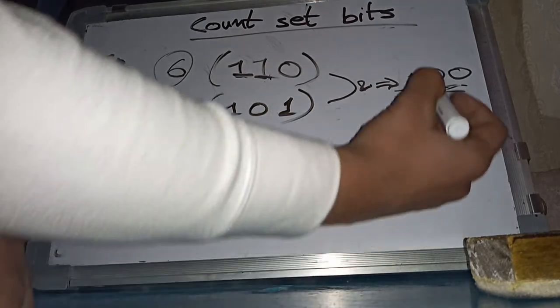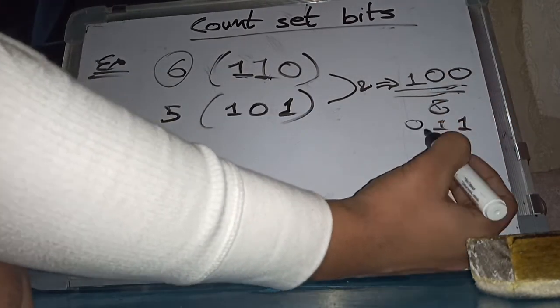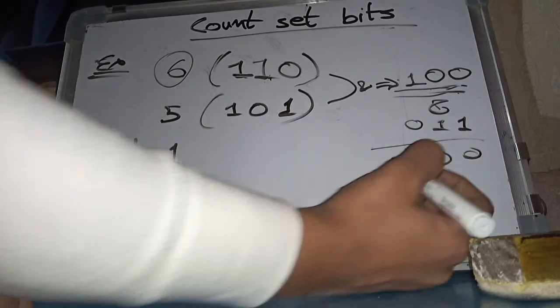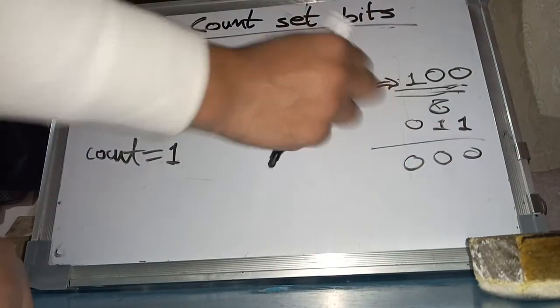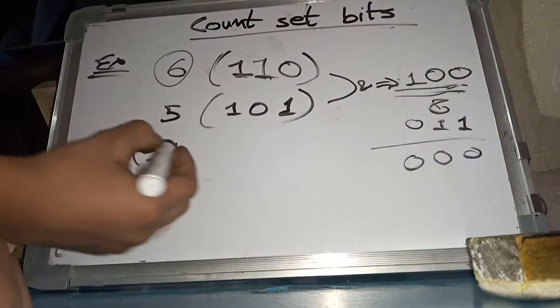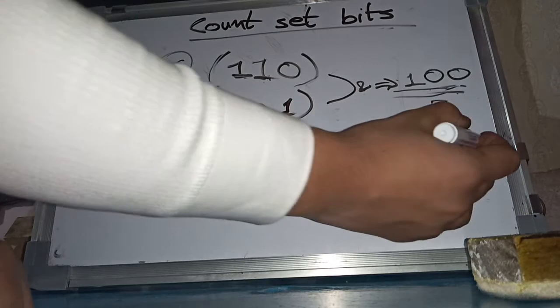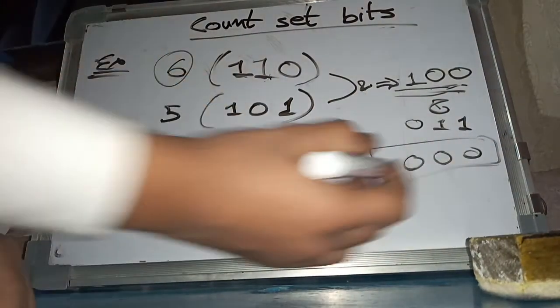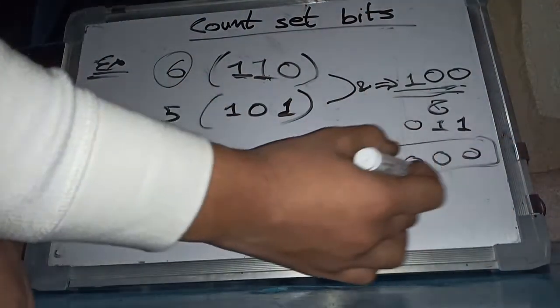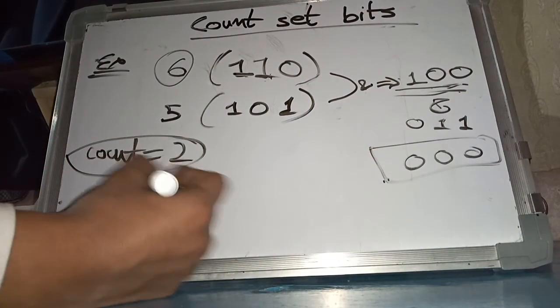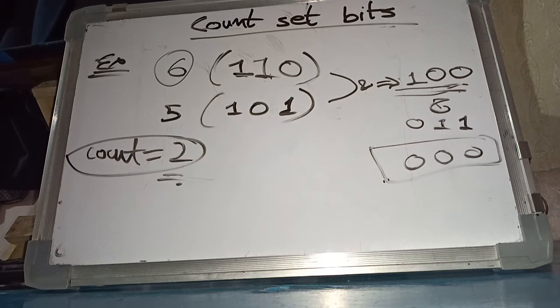So you can see if I AND both of these numbers, 4 and 3, I would get 0. And I did two AND operations, so I make my count 2, and I do not do any further AND operations because I have attained 0 here. So my answer is 2.